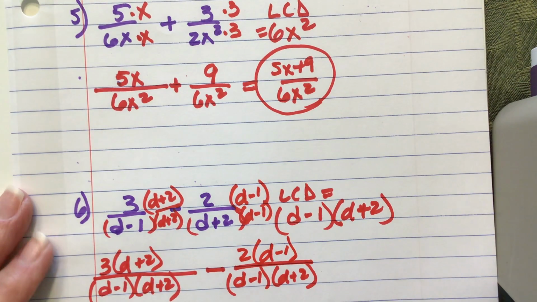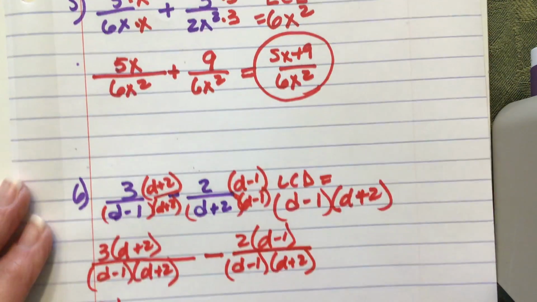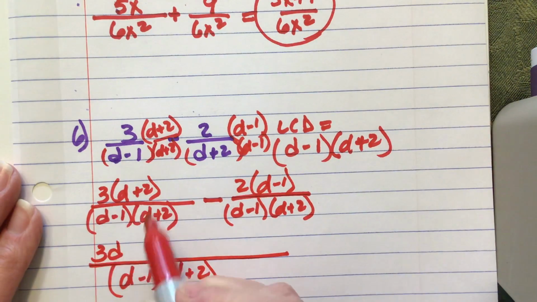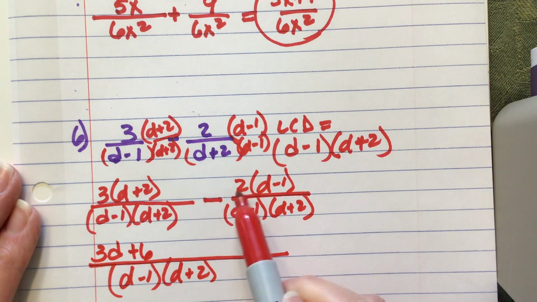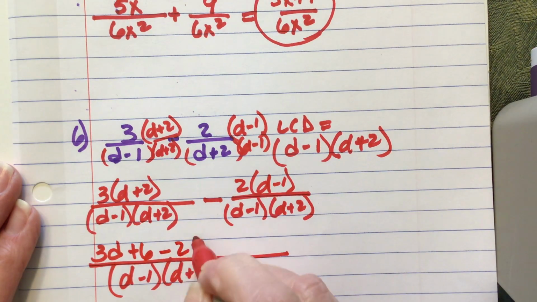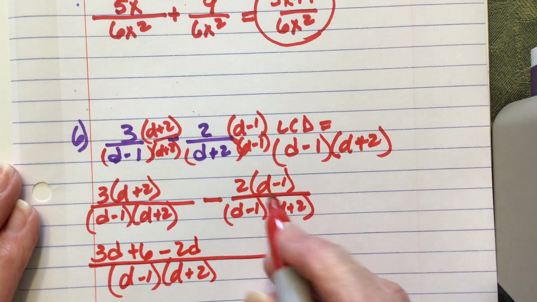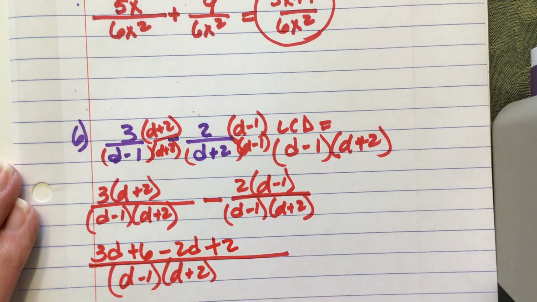Okay, so now let's combine like terms. My denominator stays the same, d minus 1, d plus 2. And in my numerator, I have 3d. I'm distributing that. And I have 3 times 2 is plus 6. Now I'm distributing the negative 2. Negative 2d. Negative 2 times negative 1 is a positive 2.